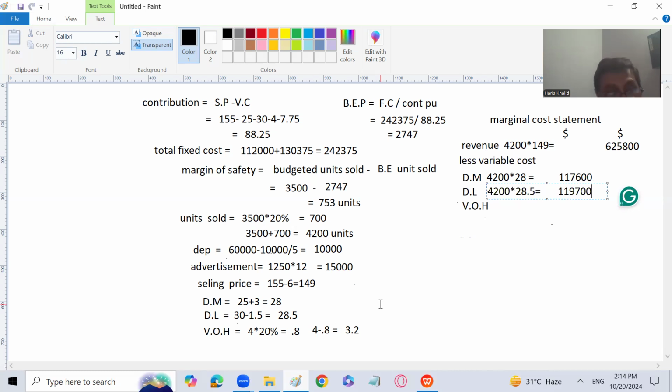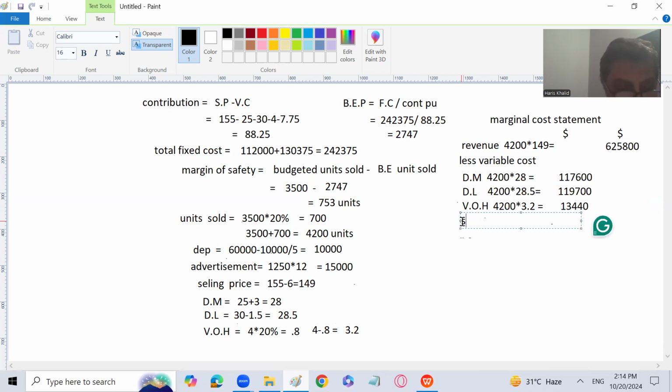So when you are preparing a statement of profit and loss, then we have to record the amounts also in total. So variable overheads are going to be 3.2. So 4,200 is the units sold, and variable overhead per unit has been decreased by 20%. So that is 3.2. So 4,200 into 3.2, I will get 13,440.